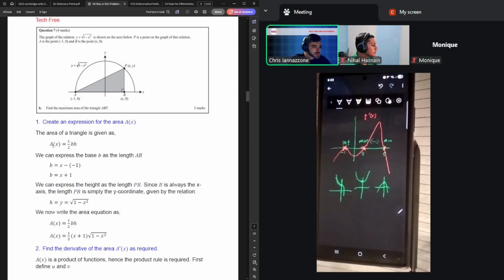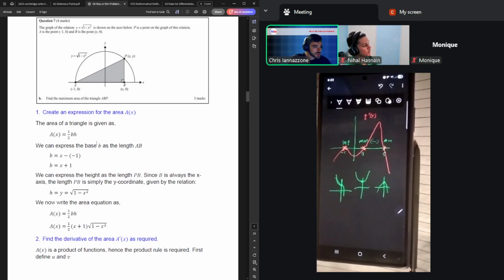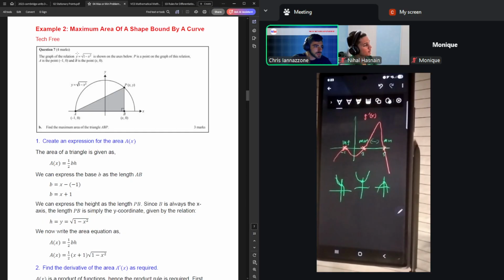One of the things you run into when they're inscribed inside of a curve is, you create your area formula, which is half base height for the triangle. The base is cool, purely in terms of x. The height is now y. And you're like, okay, what am I going to do with y? We want to have only one variable left in the thing.